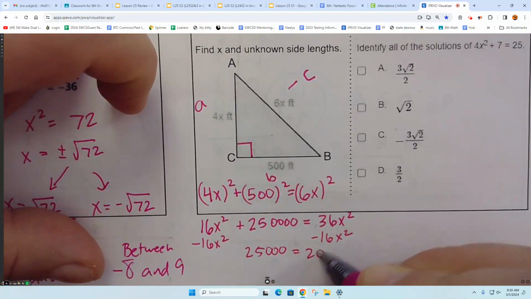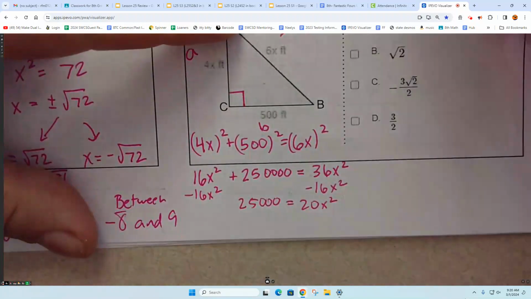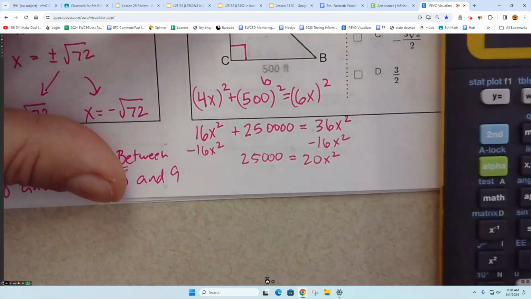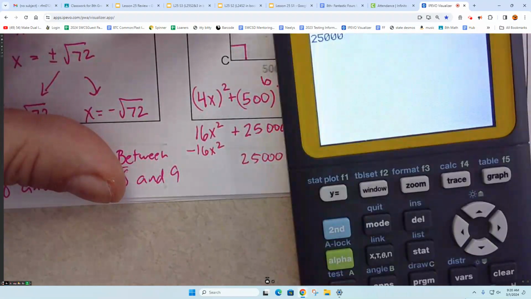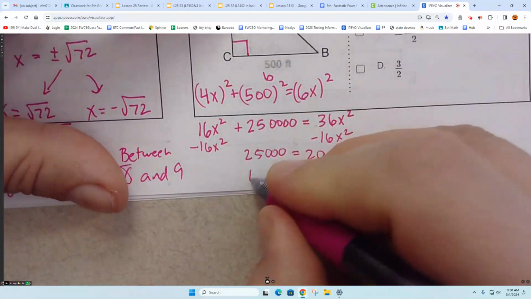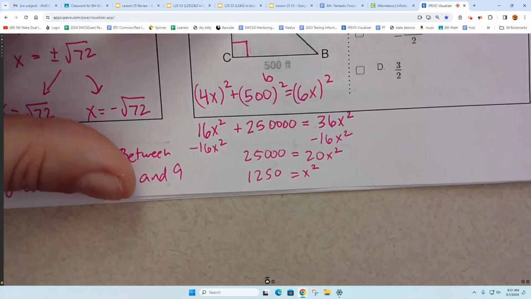That equals 20x squared. Divide by 20. So x squared equals 1,250.